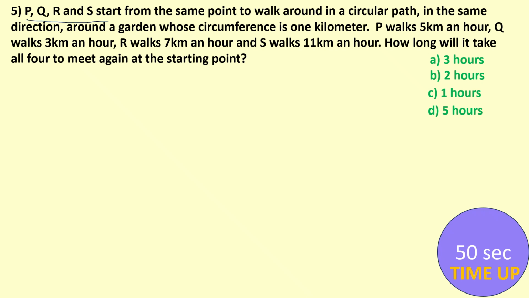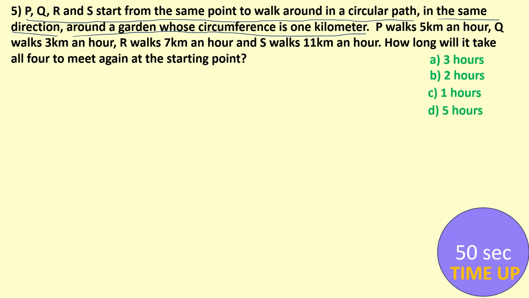P, Q, R, S start from the same point to walk around in a circular path in the same direction around a garden whose circumference is 1 kilometer. Okay, so the four members are there, P, Q, R and S. They start from the same point as well as in the same direction.